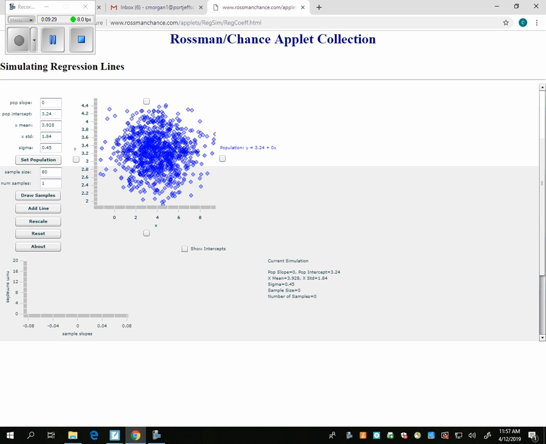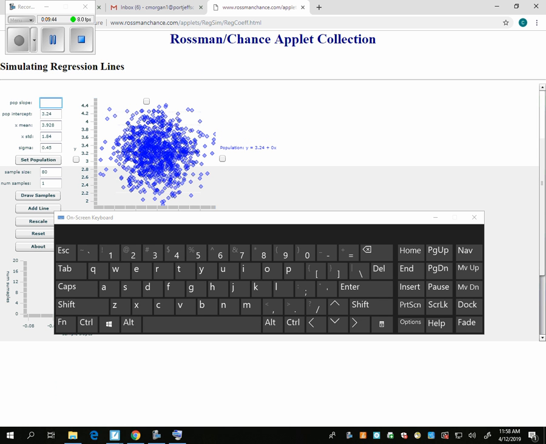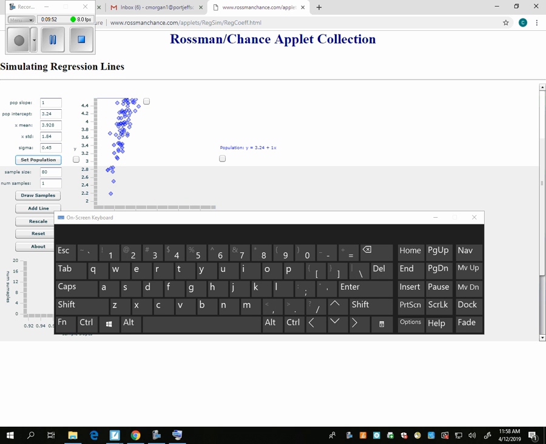So now this is an applet, so you can get a sense of what's going on. I could reset this to be any slope. So let's make any slope 1. It's the keyboard. Okay. It does go fast.